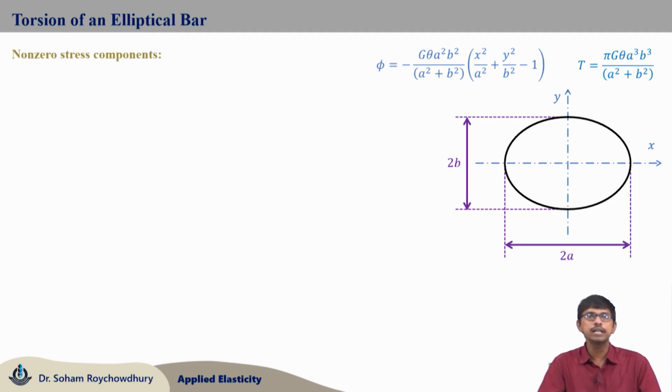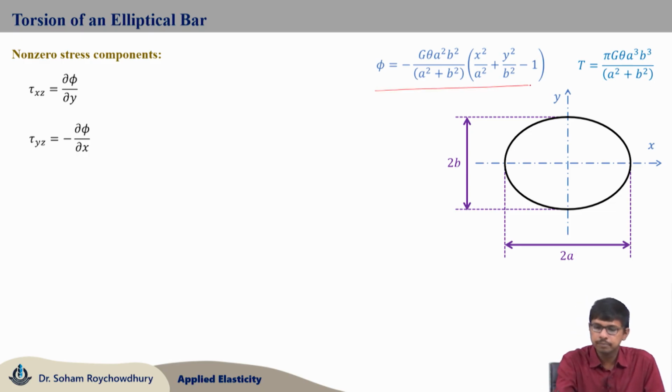Now, moving forward to the shear stress components, the non-zero stress components tau xz and tau yz, which are generated due to application of this torque T, were defined in terms of Prandtl stress function phi as tau xz is del phi del y, tau yz is minus del phi del x, where phi we had obtained, and the T theta relation also we had obtained.